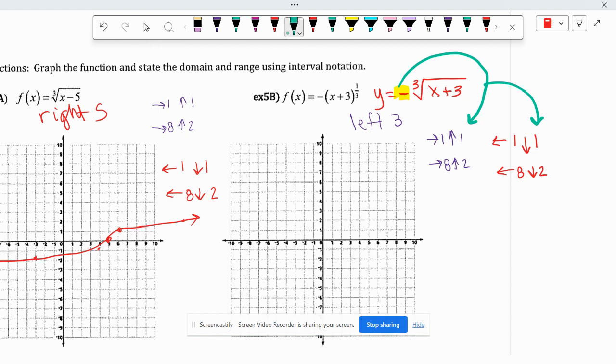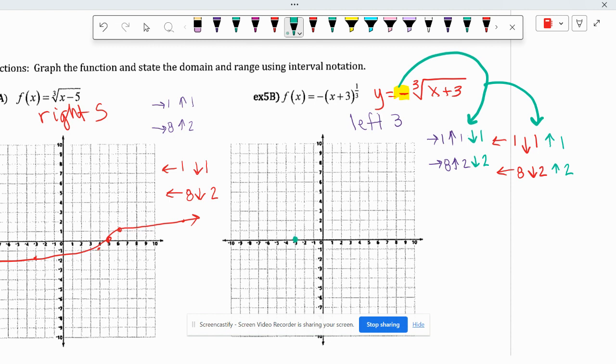So let's see. Instead of going up 1, I'm going to go down 1. And instead of going up 2, I'm going to go down 2. When I go to the left 1, I'm going to go up 1. And when I go to the left 8, I'm going to go up 2. So instead of beginning at 0, 0, I'm going to begin at -3, 0.